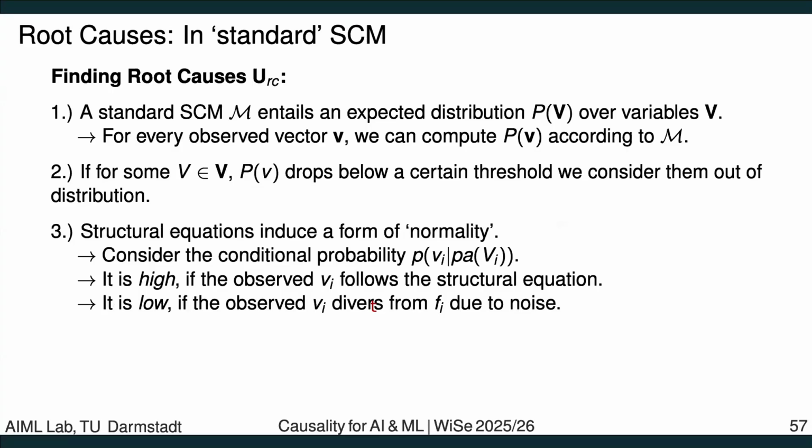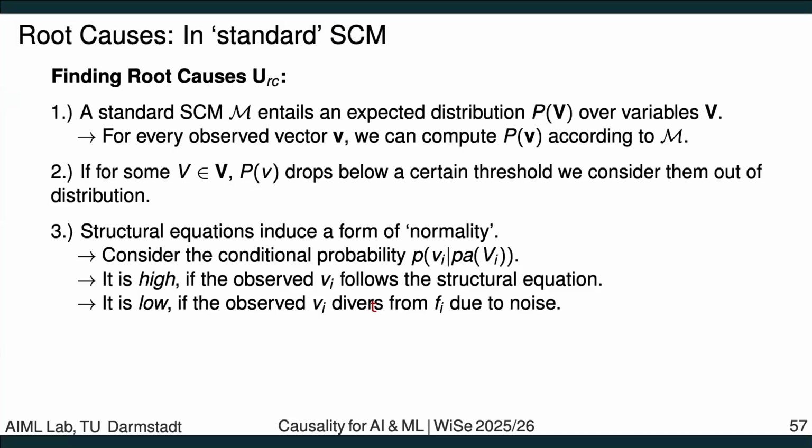Basically, again in a very naive way, SEMs are perfectly suited for this because we can just look at the conditional probability, which we have through our structural equations, and say: if I look at the conditional probability of my observed value given all my parents, and that adheres to the expectation of my causal model as defined by the structural equation or conditional probability tables, then this particular variable follows its local process and might be fine.